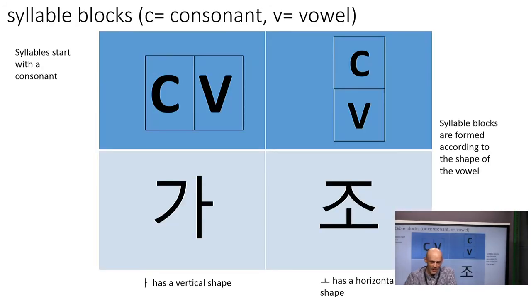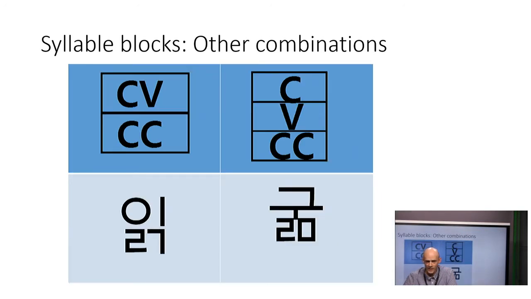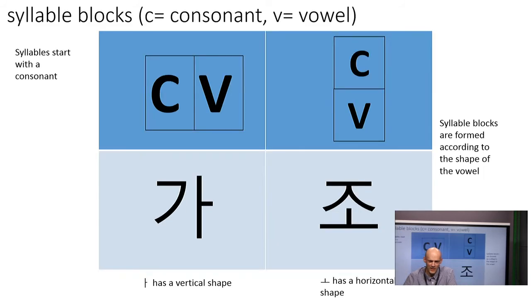So there are various types of syllable blocks. For example, here you see simplest ones are consonant followed by a vowel, but also you have other combinations: consonant, vowel, consonant; consonant, vowel, double consonant. Let's go back to the first example.